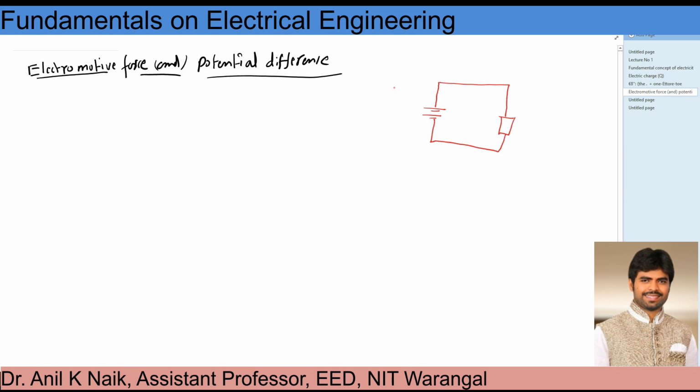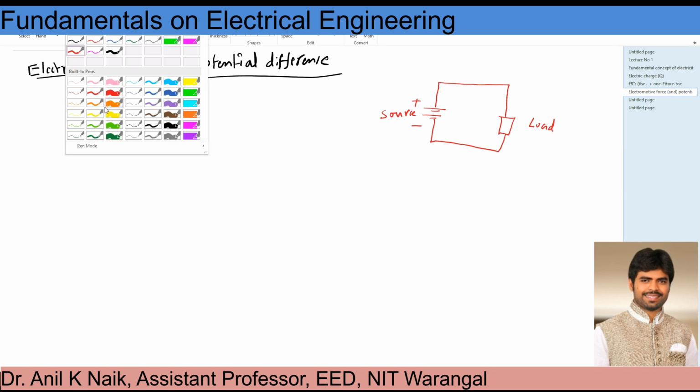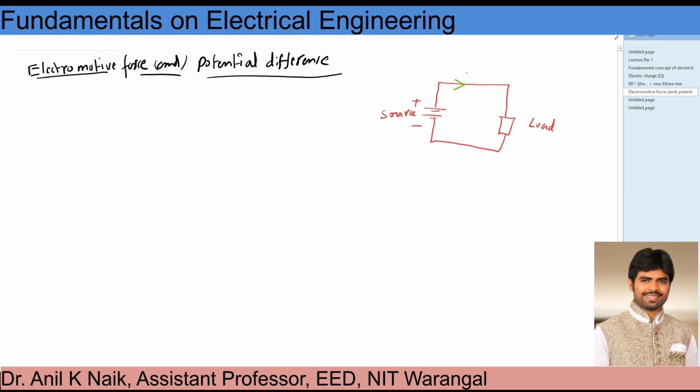This is the source and this is my load here, and this is my direction of current I. Here the source I can say is the electromotive force, EMF, whereas the voltage across this particular load I can define as the potential difference.